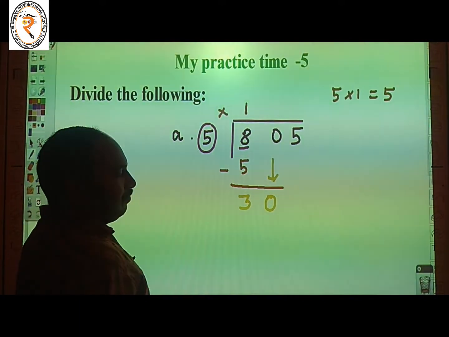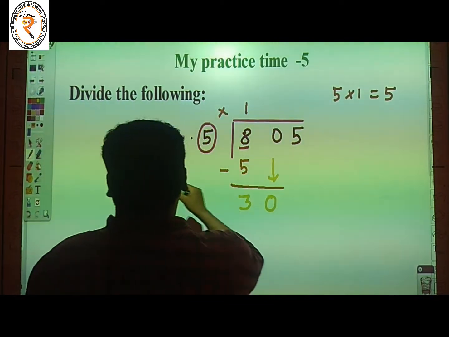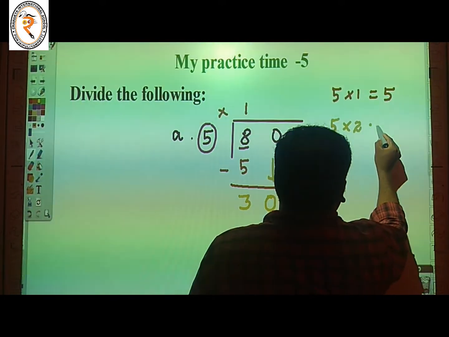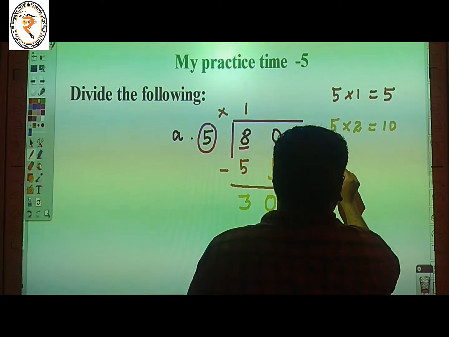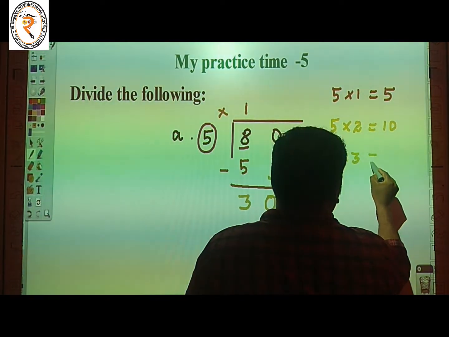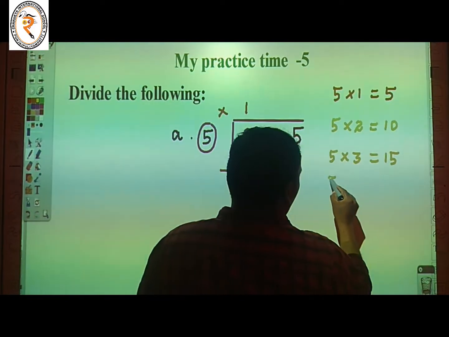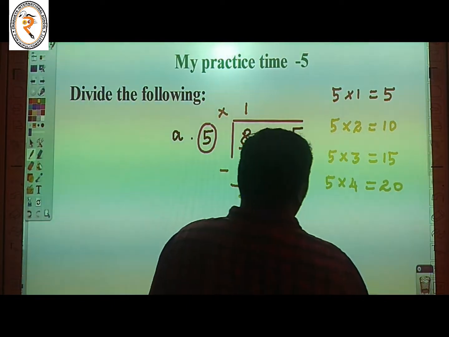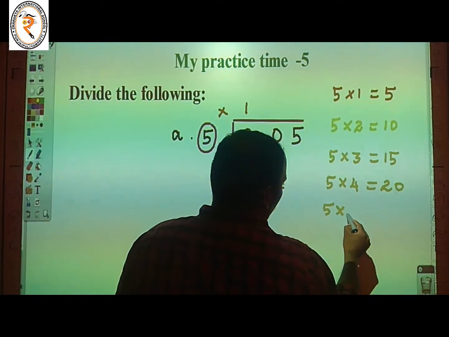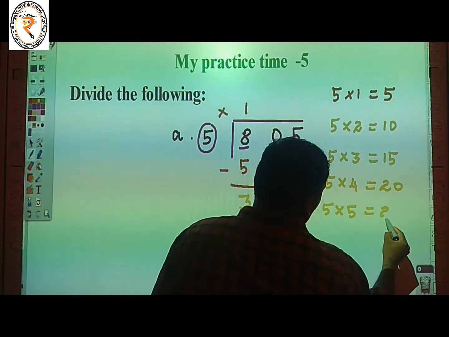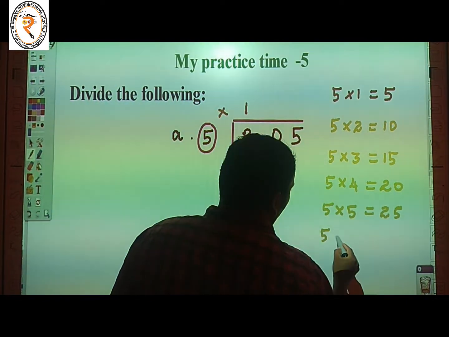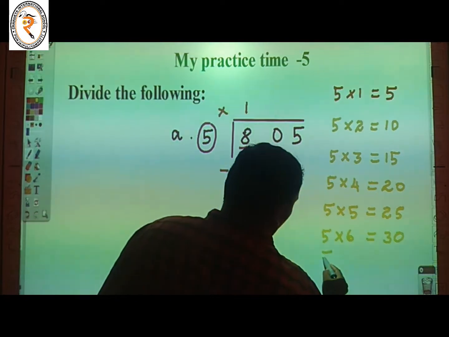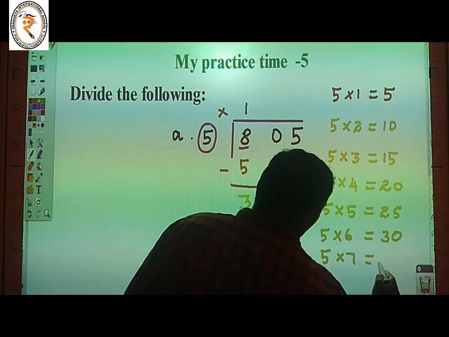30 divided by 5. 5 2s are 10. 5 3s are 15. 5 4s are 20. 5 5s are 25. 5 6s are 30. 5 7s are 35.